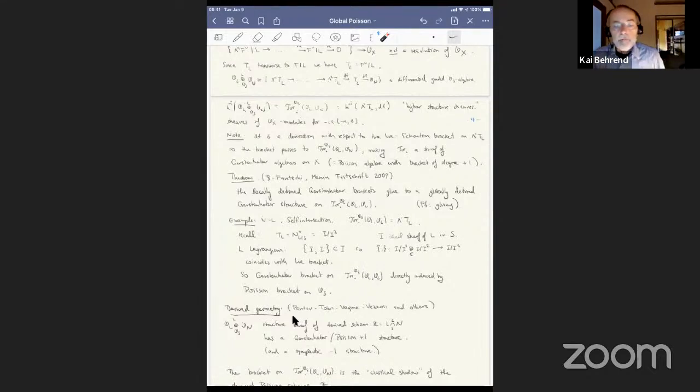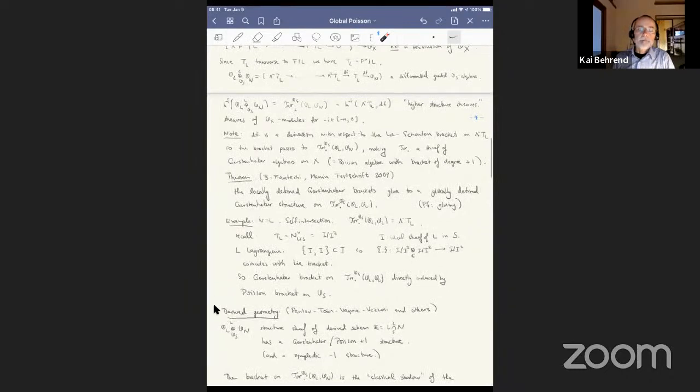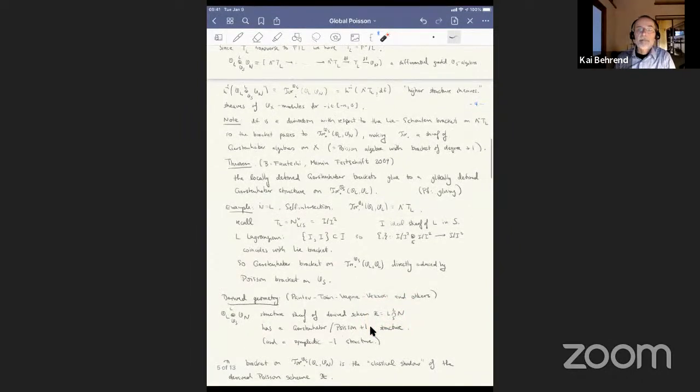It was first Pantev, Toën, Vaquié, and Vezzosi who introduced this notion of symplectic structures in derived geometry, and also shifted symplectic structures. This derived category object here, which I've been talking about, is actually the structure sheaf of the derived intersection scheme, or analytic space.